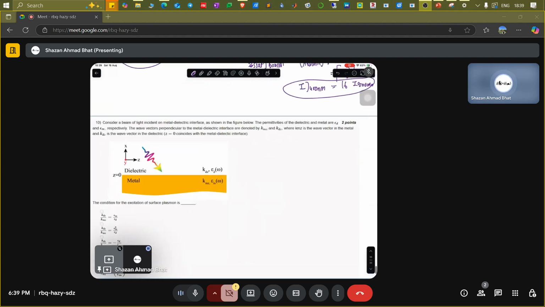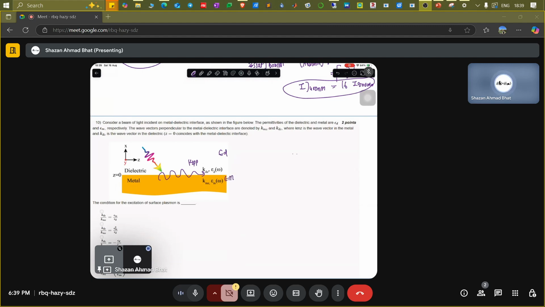Now the final question. Again, we discussed that this is basically a dielectric metal interface. If you want to excite the surface plasmon polariton, K SPP, then what is the condition for epsilon dielectric and epsilon metal?